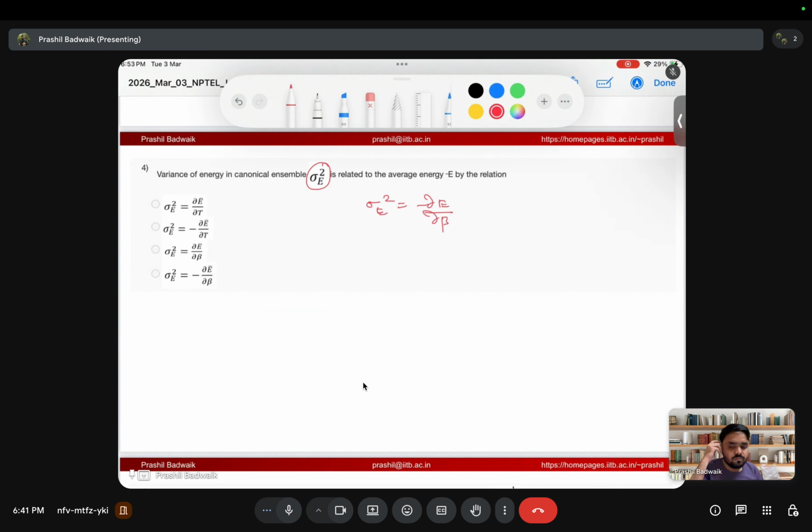So option minus del E by del beta, this value. This is an average value. How it is varying, that we are going to calculate in question 4, right?